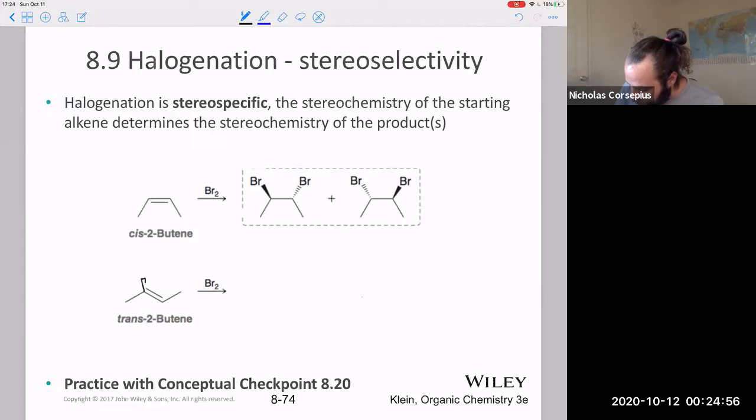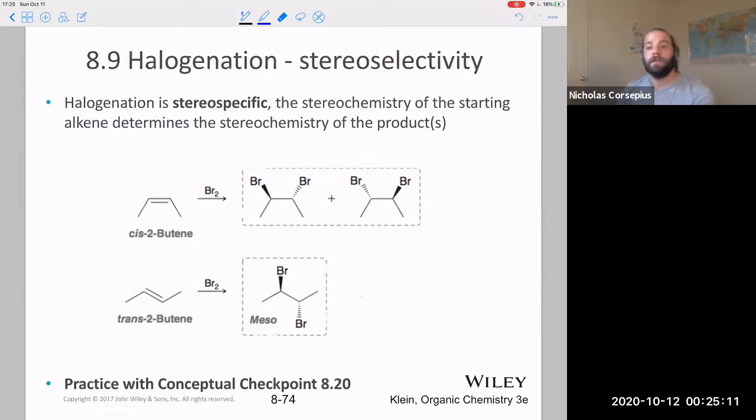Again, if I was going to do the trans, I would say, oh, this is an anti-addition, right? But importantly, this is a meso compound. So I would only have 1 product that's formed in this particular reaction. This is because what you're adding to both vinyl carbons is a bromine, so you have the possibility of creating a plane of symmetry.